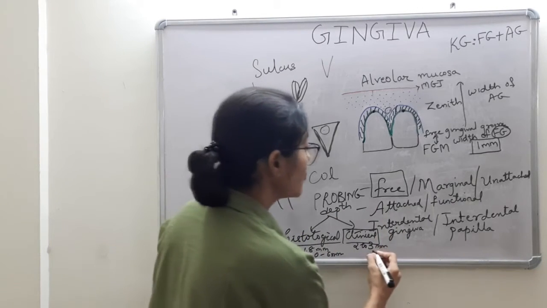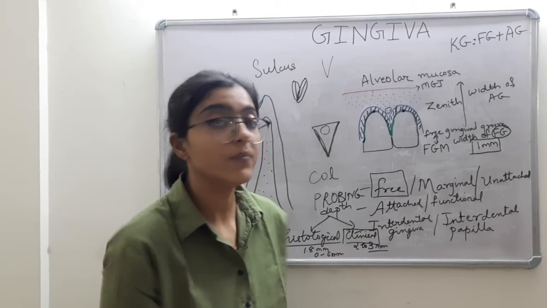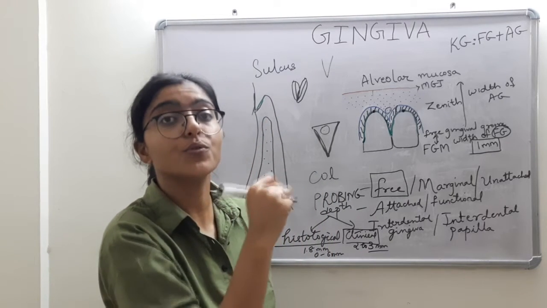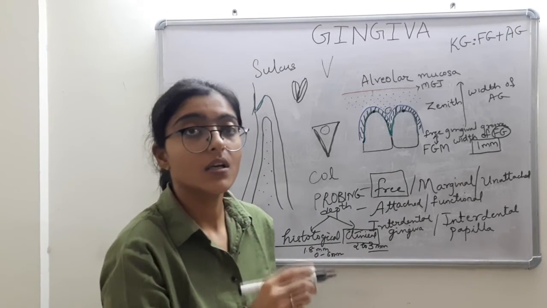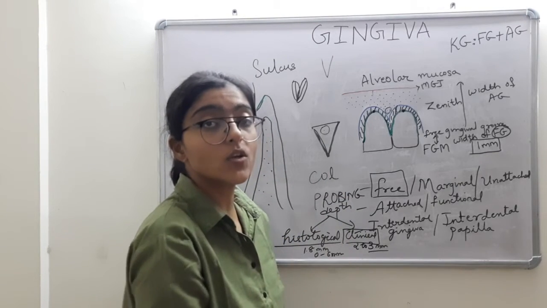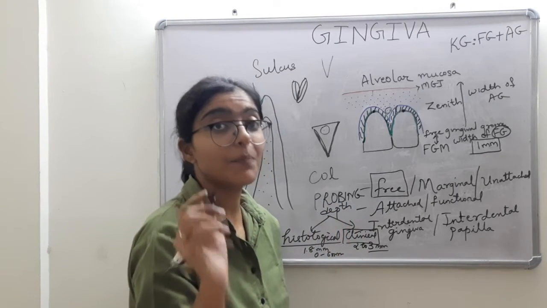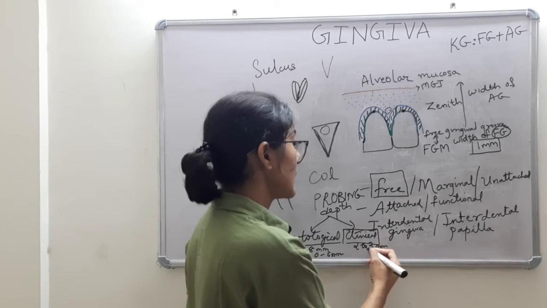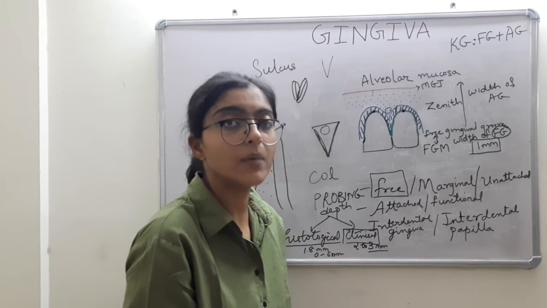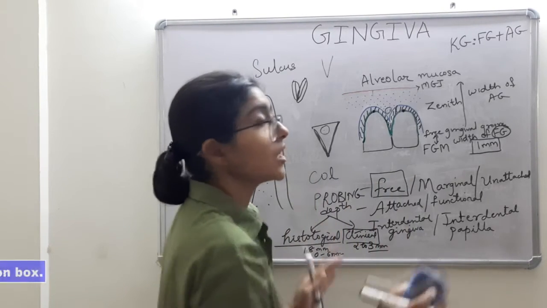That is why up to 3 mm we call it sulcus. Anything above 3 mm, due to the apical migration and deepening of the base of the sulcus, which is then called the base of the pocket, is called a periodontal pocket, which is a pathology. Healthy sulcus depth is up to 3 mm. Anything above 3 mm is a pocket. Clear?